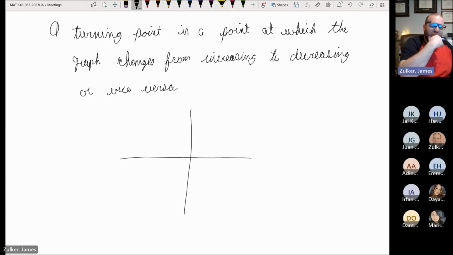Right, so for polynomials, the graphs have to be continuous with no jagged edges. They have to be smooth. So this would not be the graph of a polynomial, because there's a jagged edge there.